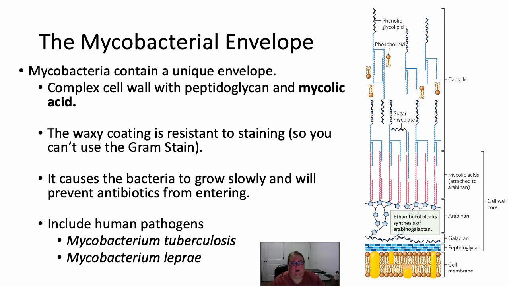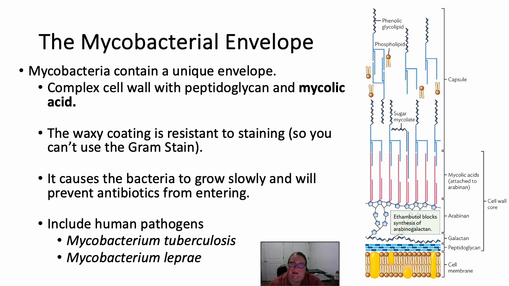In fact, if we want to stain mycobacteria, we're going to use a special stain called an acid-fast stain. We're going to heat up the bacteria, soften that waxy outer coating, and apply malachite green and get it to go into that waxy layer in order to image and stain that cell. This waxy coating is also a little bit detrimental to the bacteria.